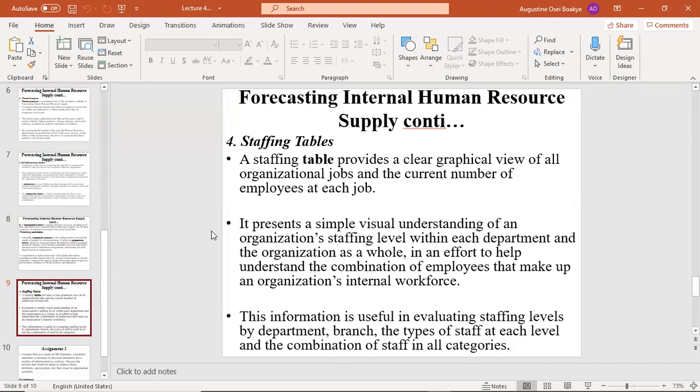And it presents a simple visualization of an organization's staffing level within each department and the organization as a whole, in an effort to help understand the combination of employees that make up an organization's internal workforce. And this information is useful in evaluating staffing levels by department, branch. So multinational enterprises will be thinking about their regional dominance or their global dominance, and so on and so forth.